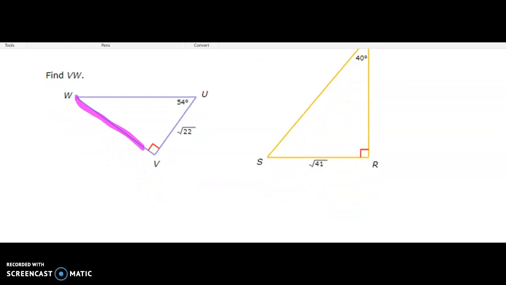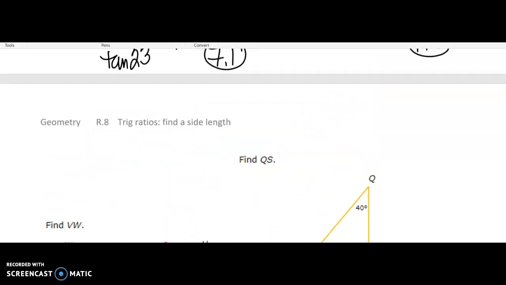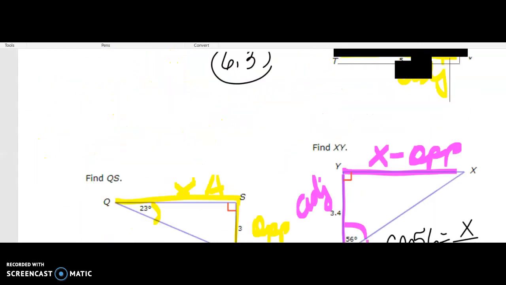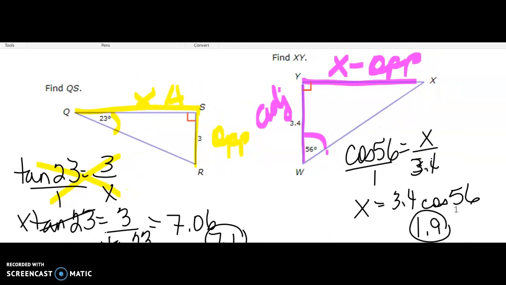VW is here, which is opposite, and this is adjacent. Opposite and adjacent is tangent. This one right here is wrong.